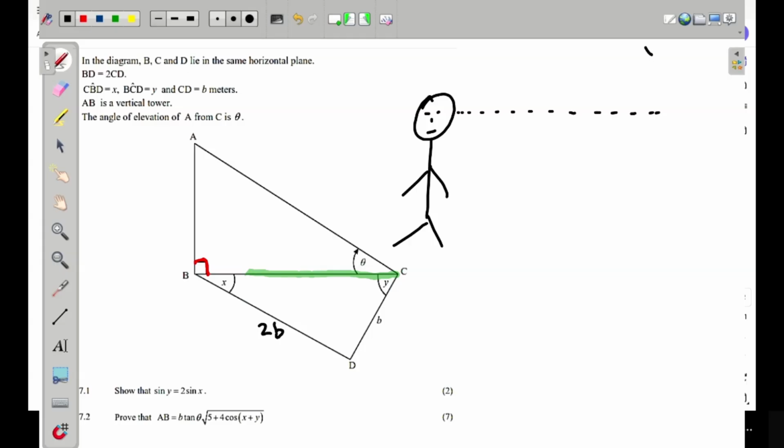Now, if you look at some object up above you, the angle which forms between your eye level and that object is what we call the angle of elevation. If you look at some object below you, then the angle which forms between your eye level and the object you are looking at is what is known as the angle of depression.